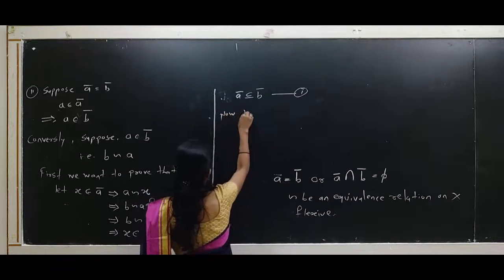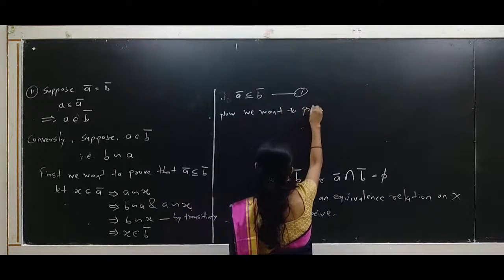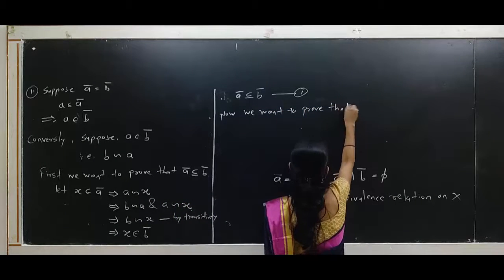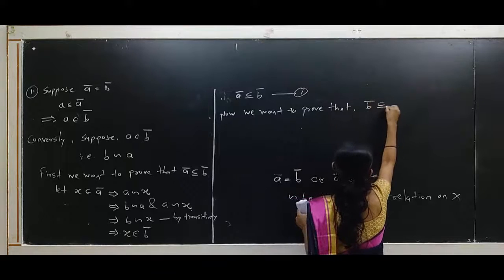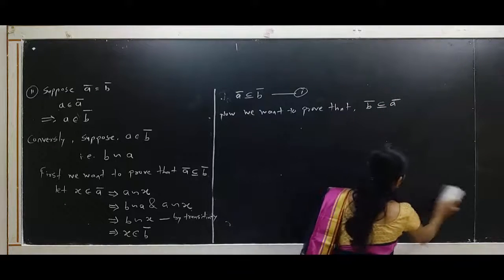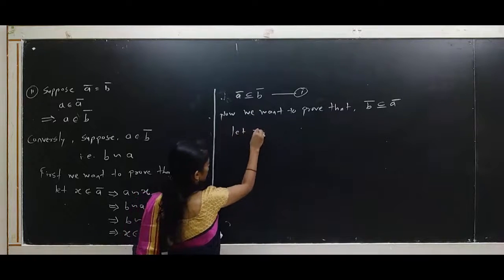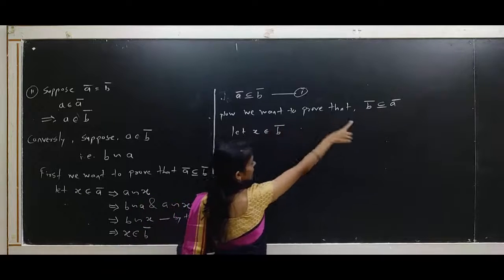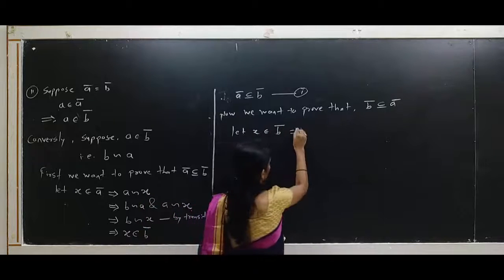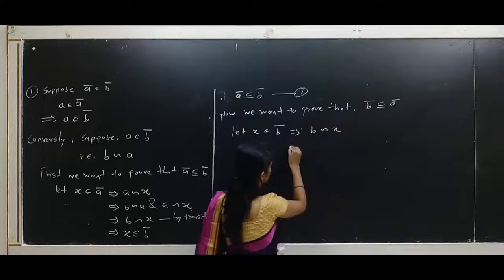Now second point. Now we want to prove that equivalence class of B is subset of equivalence class of A, right? In the same way, let X belong to equivalence class of B. So that means here B related to X, right?